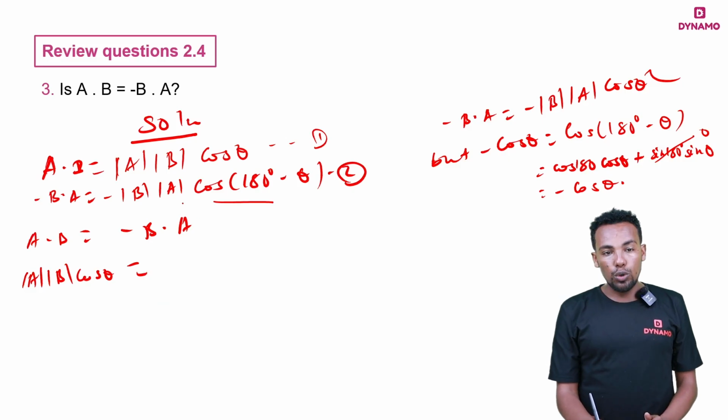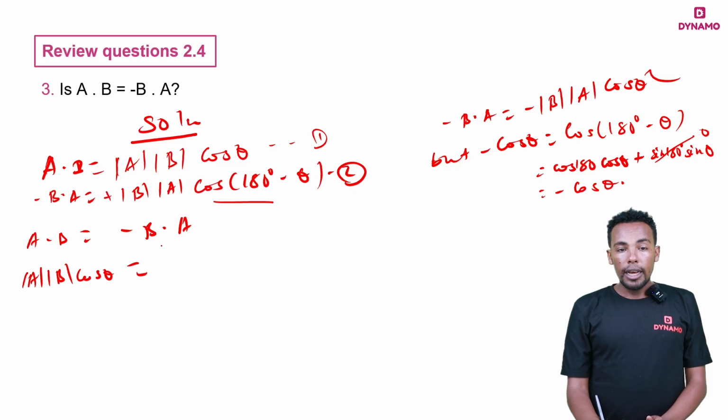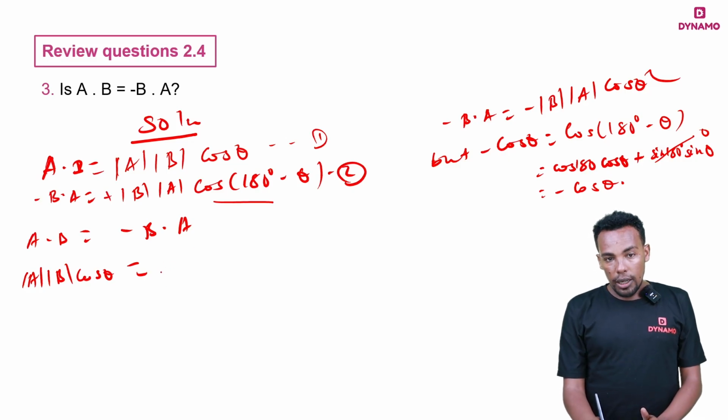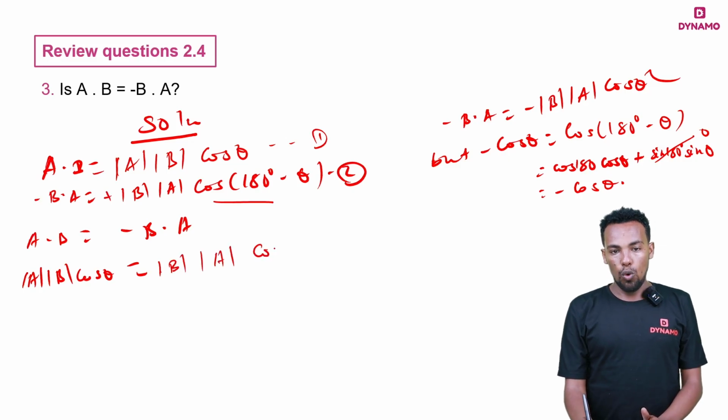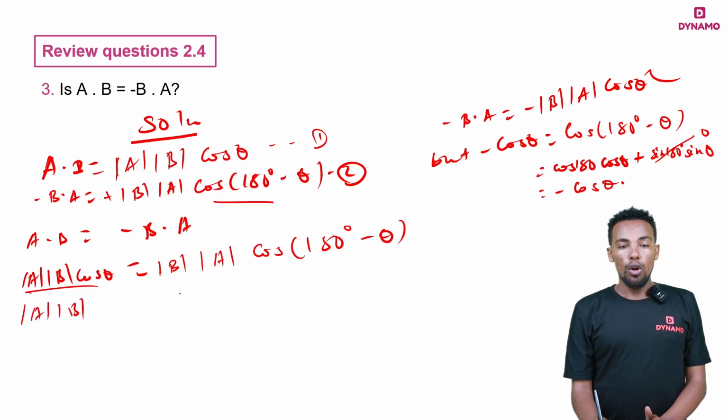Minus B dot gaafa jennu isheen kun asitti positiividha jechuudha. Kanaafuu maal ta'a isheen kun gaafa akka kanaatti hojjennu angilichi maal ta'a? Kana jechuun magnitude of B magnitude of A cos of what? 180 minus theta. Kanaaf amma over magnitude of A magnitude of B over magnitude of A magnitude of B yoo goone jechuudha. Kun waliin badee jechuudha.